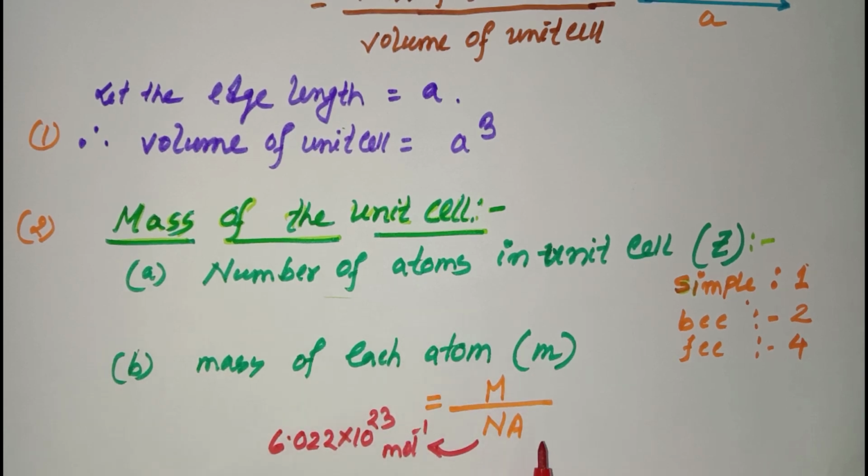The Avogadro constant's value is 6.022 into 10 to the power 23 per mole, because this is the number of units per mole of substance. So if we divide the molar mass of the atom by the Avogadro constant, we get the mass of each atom present in that unit cell.